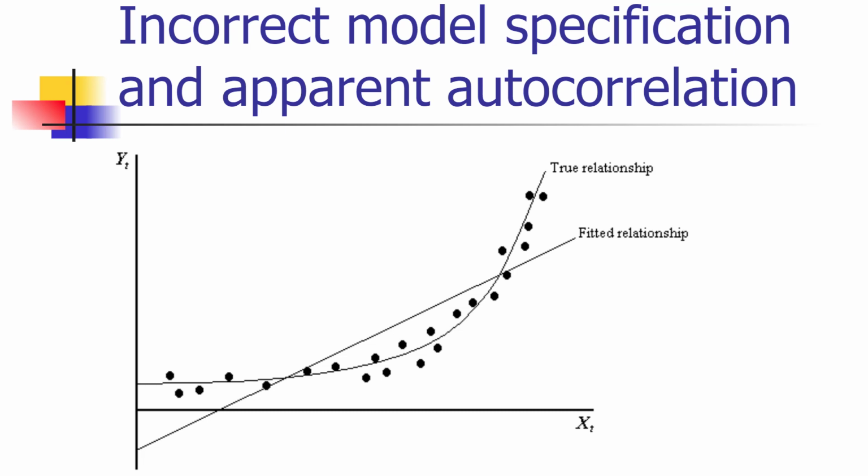If we estimate a linear relationship between y and x, when the appropriate relationship would be between the log of y and x, we'd observe a clustering of positive error terms, followed by a clustering of negative error terms, followed by a clustering of positive error terms. So in some cases, when you find apparent autocorrelation, it's really just a sign that you've specified an incorrect functional form. And that's something you may want to consider when you find cases of autocorrelation.